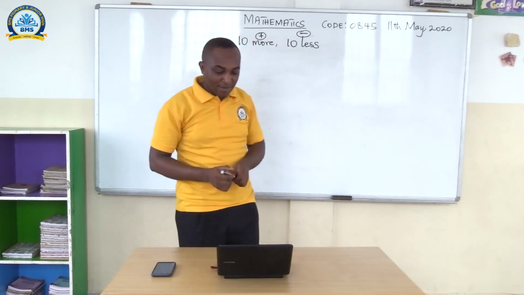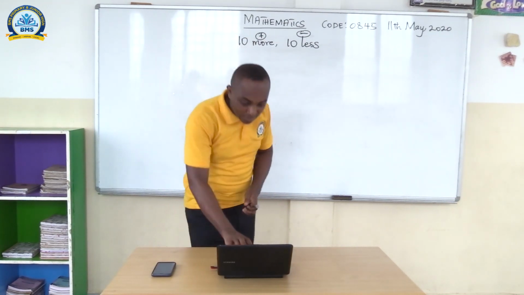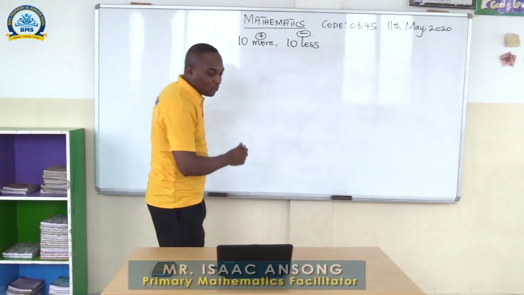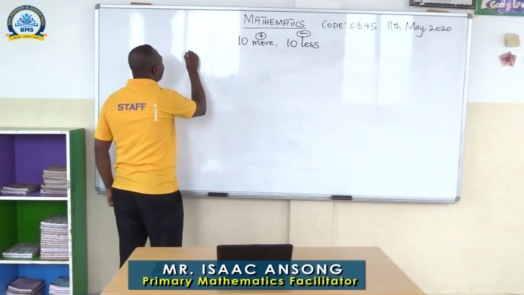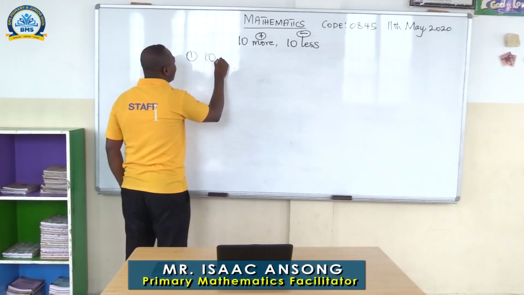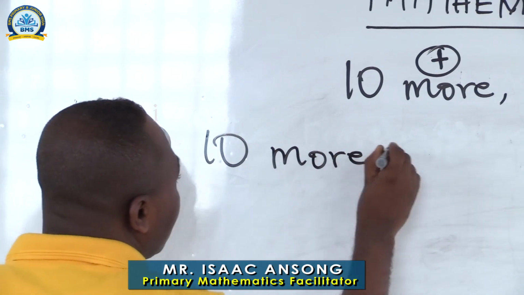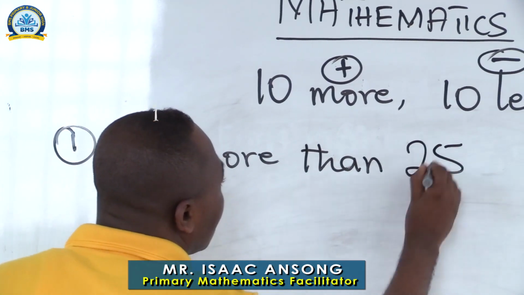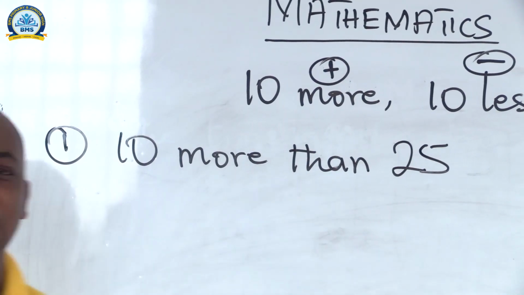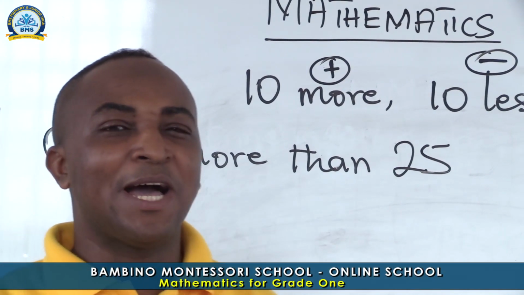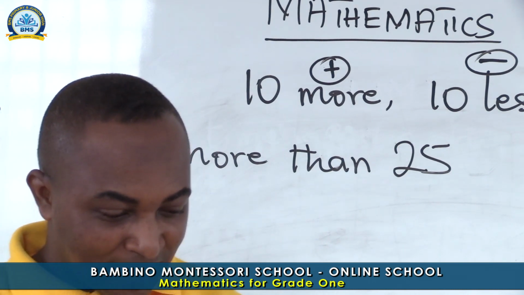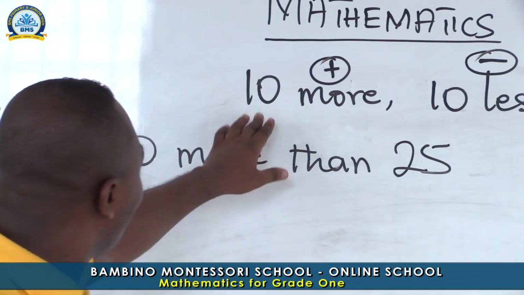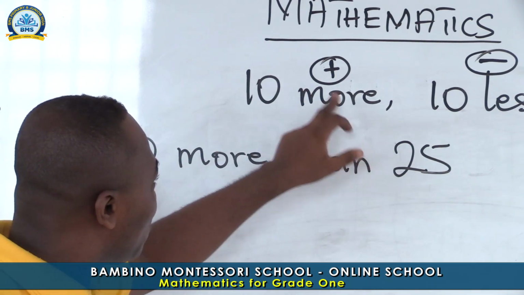So let's see the first example. 10 more than 25. What does it mean? Are we adding or we are subtracting? 10 more. Let's look on the board. 10 more means you have to add.